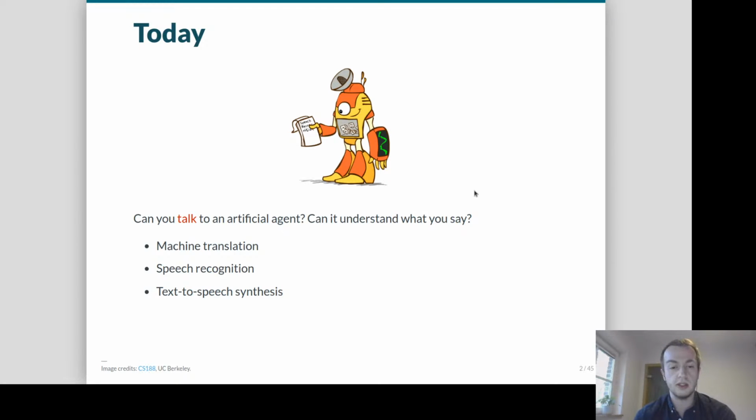So we'll consider three tasks: machine translation, so how to translate a piece of text from one language to another. Then we'll consider the task of speech recognition, which is about how to translate a speech waveform into a piece of text. And then the final task will be the opposite, how to go from text to speech.